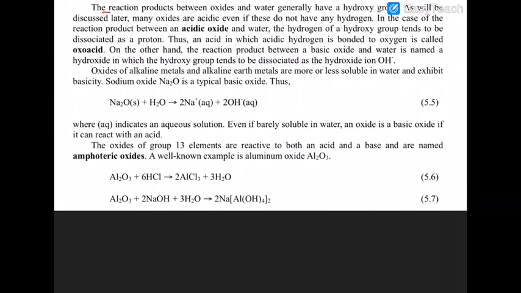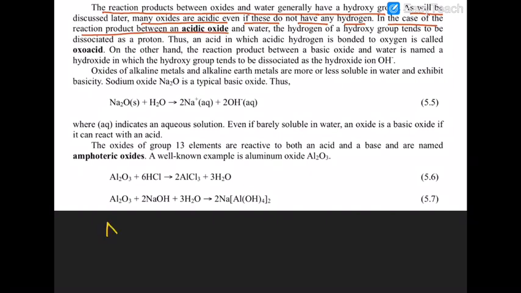Now the reaction between the oxide and the water generally gives a hydroxy group. That will be discussed later on. Many oxides are acidic even if they do not have any hydrogen, because the reaction product is acidic. Now what happens when you take non-metals?